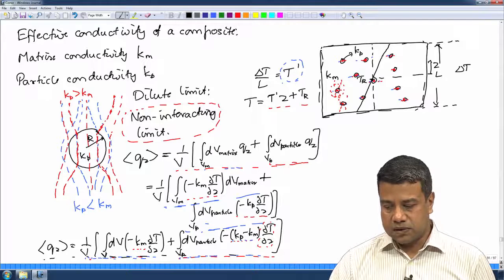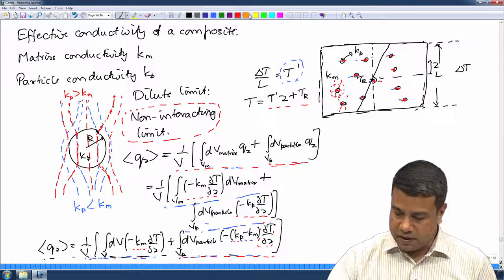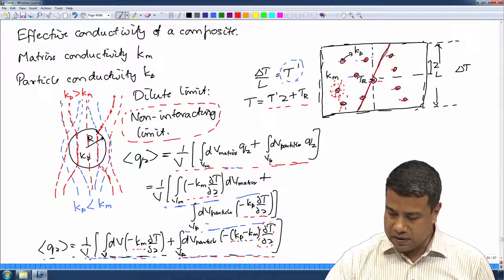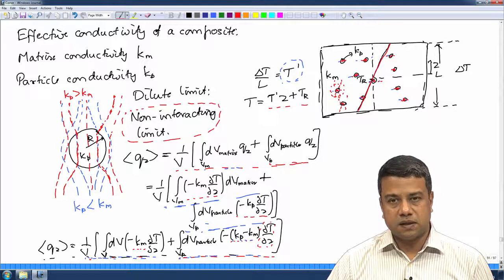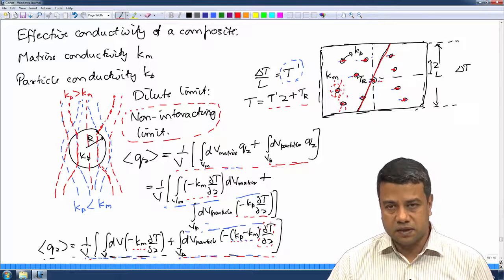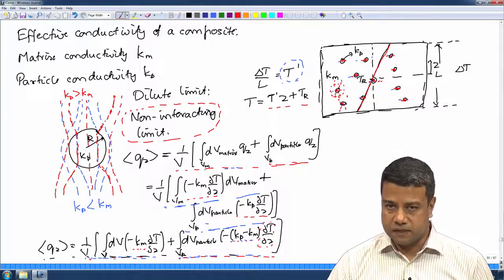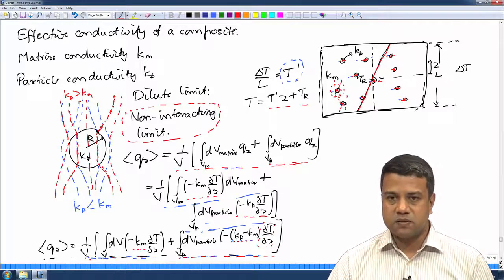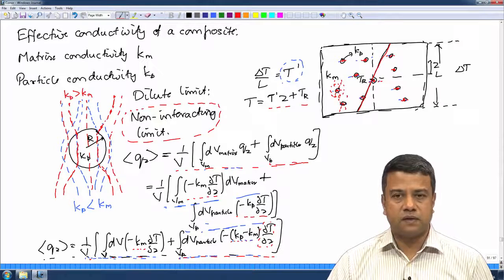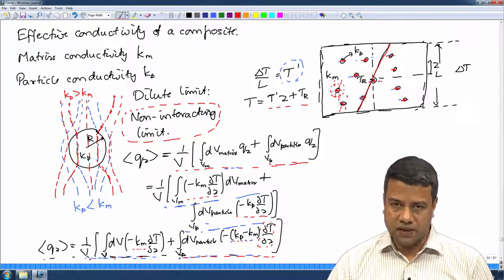If there were no inclusions, the temperature field would just have been a linear function of position. But since there are inclusions, the temperature field is disturbed around the particles. That is going to cause a disturbance to the flux lines, which were just vertical lines in the absence of any inclusions, and therefore a change in the average flux.